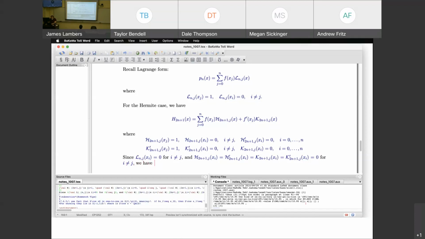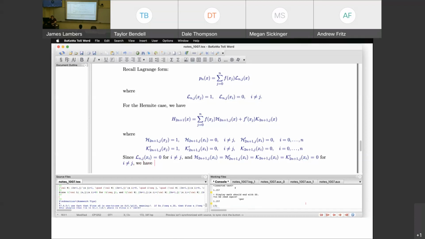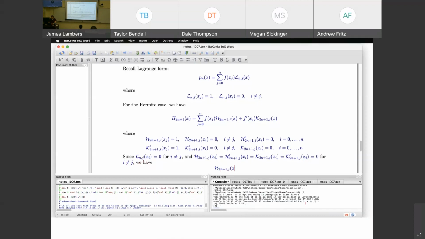I can say the following, that I can describe the h's as having the Lagrange polynomial squared as a factor times some other polynomial, which I'll call p_j of x, which has degree 1, because the Lagrange polynomial is degree n.